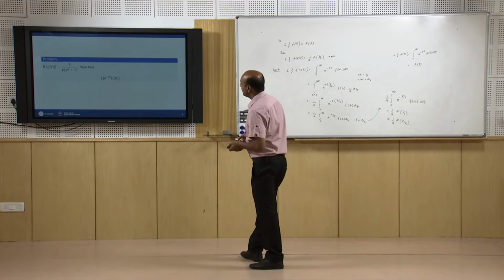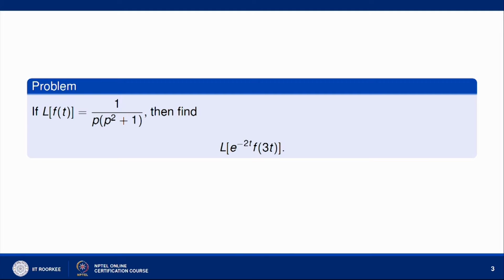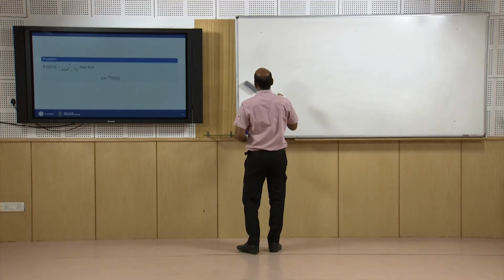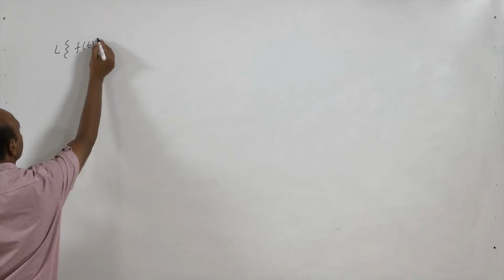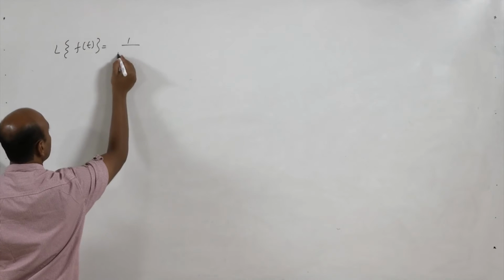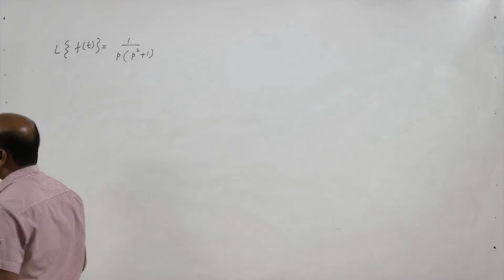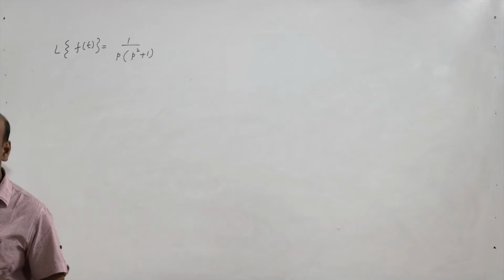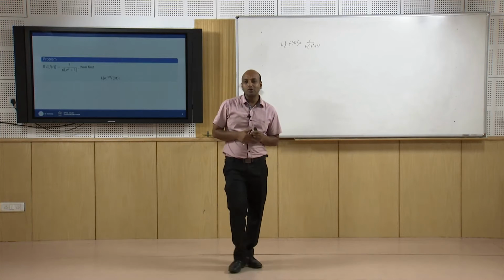Now, we will see some problems based on this. Suppose it is given to us that the Laplace transform of f(t) is 1/(p^2+1), and we have to find the Laplace transform of e^(-2t) f(3t). Now, there are two ways to solve this problem.